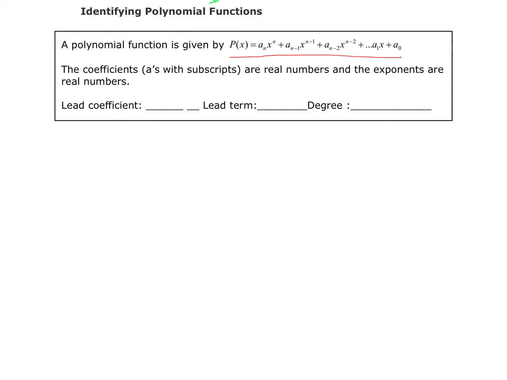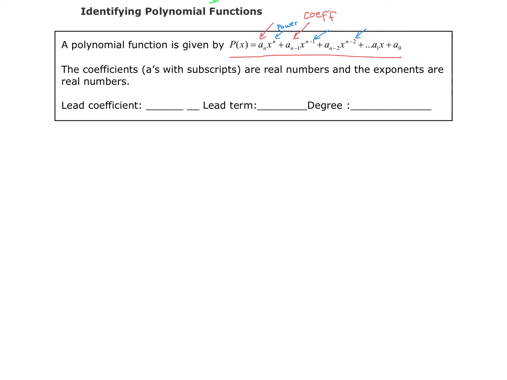These a's are coefficients, and the n is a power. And so if that one's n and the next one's n minus 1 and the next one's n minus 2, we're basically saying decreasing order.